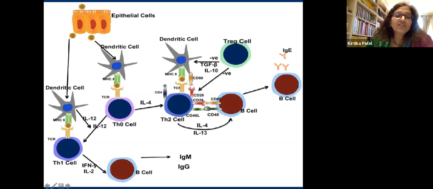Now it can proceed to become a T helper cell 1 in the presence of a cytokine called IL-12. So if there is a lot of IL-12 in the environment, it will proceed, which is normal for you and me. Whenever we see an antigen, this normally happens. Th1 cells get activated, and then the T cell asks the B cell for help, and we produce IgM.